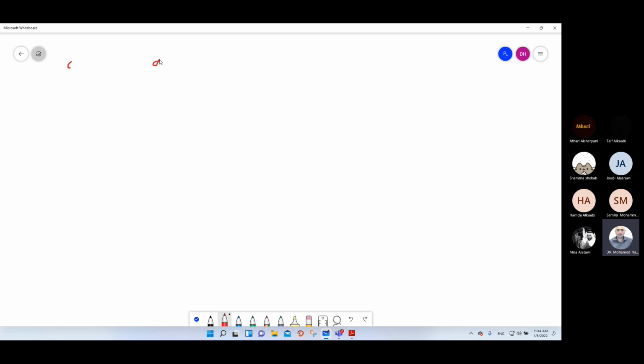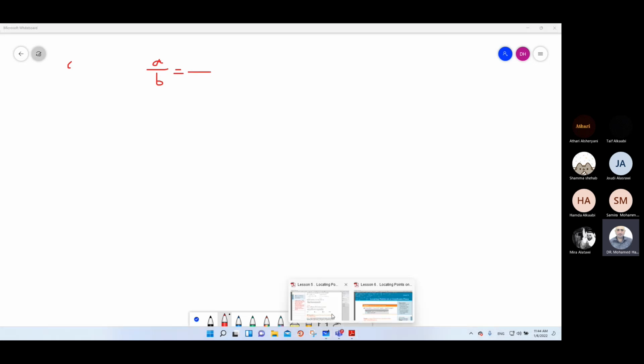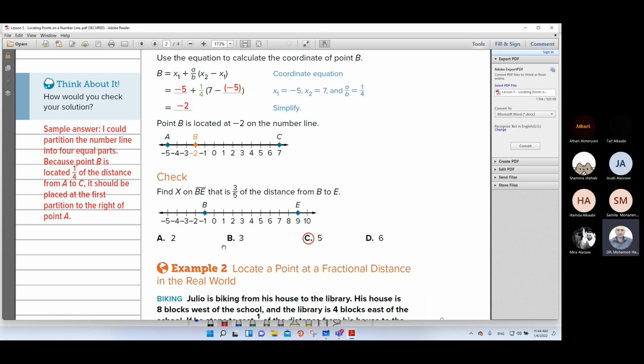And we have A over B, the ratio, equal to 3 over 5.